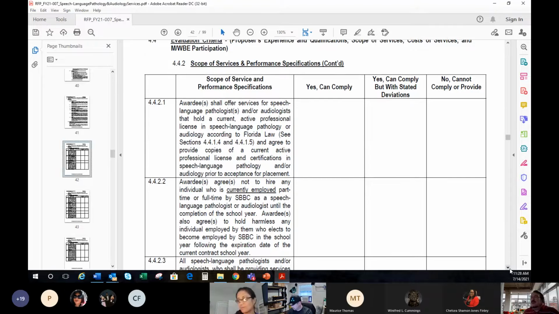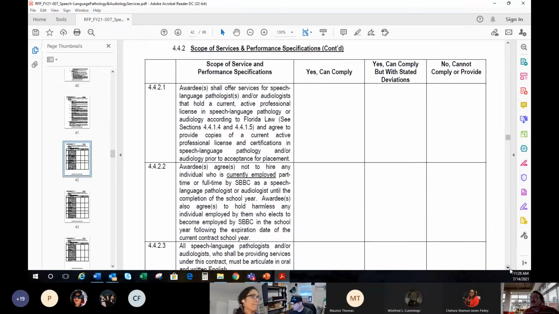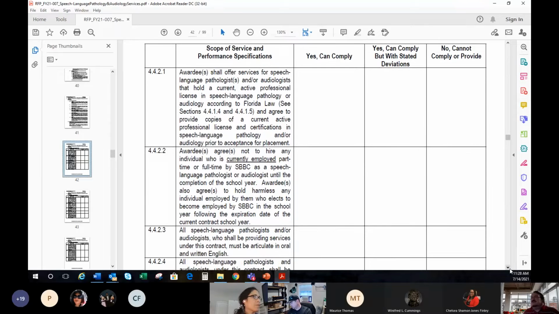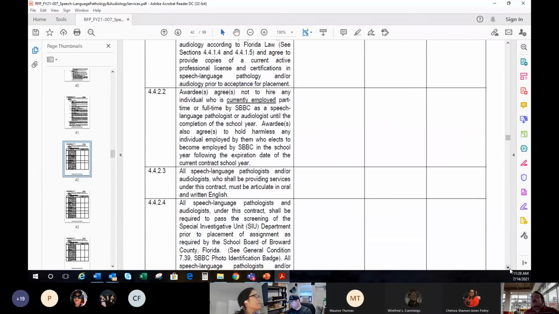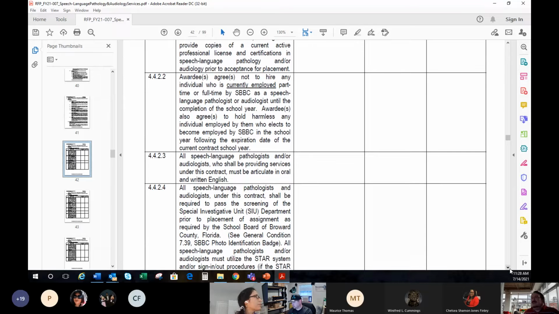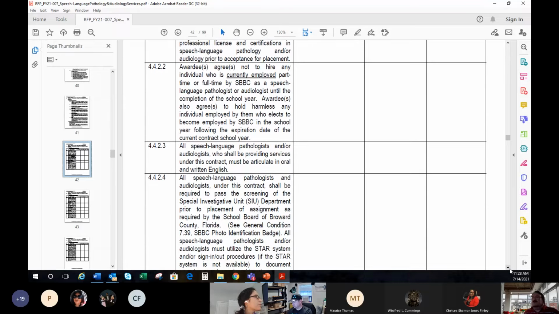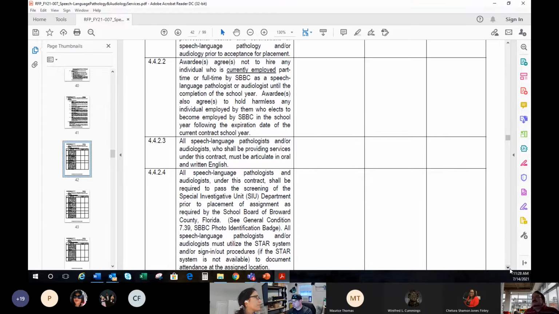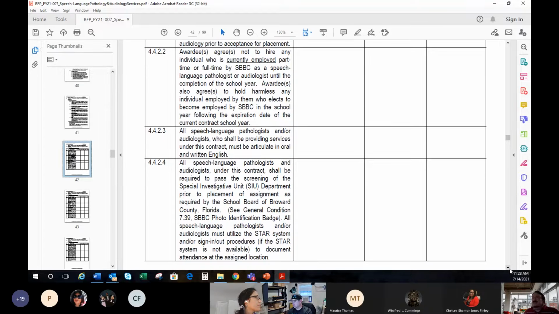So again, I will let you read this on your own. This is basically what is required to be able to provide the services under this RFP. And like 4.4.2.4, it says that these employees have to pass the Special Investigative Unit Department screening process.